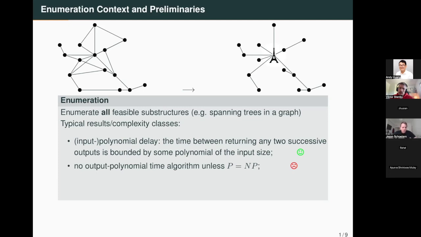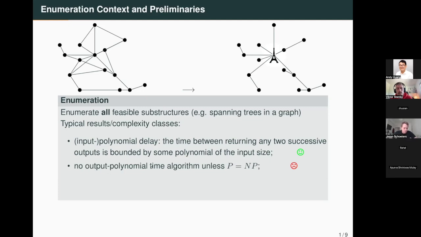On the other end of the spectrum of complexity classes for enumeration, we have this very negative result, which says that no output polynomial time algorithm exists unless P equals NP. So it's very likely that this basically means there's no output polynomial time algorithm. And so here you can see the difference between when we state polynomial and input polynomial and output polynomial.